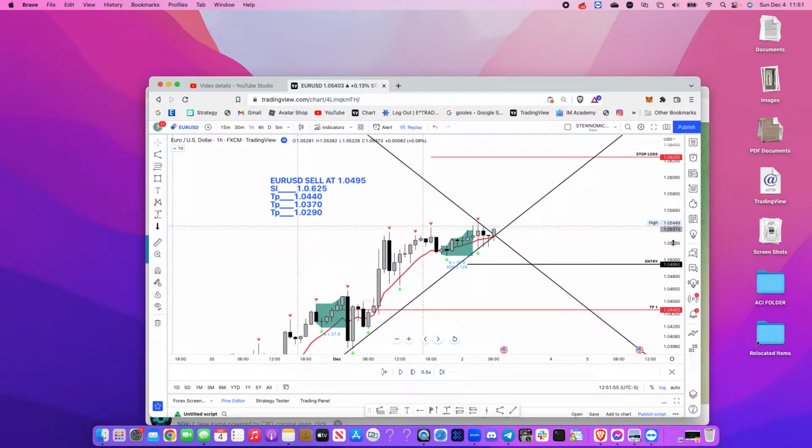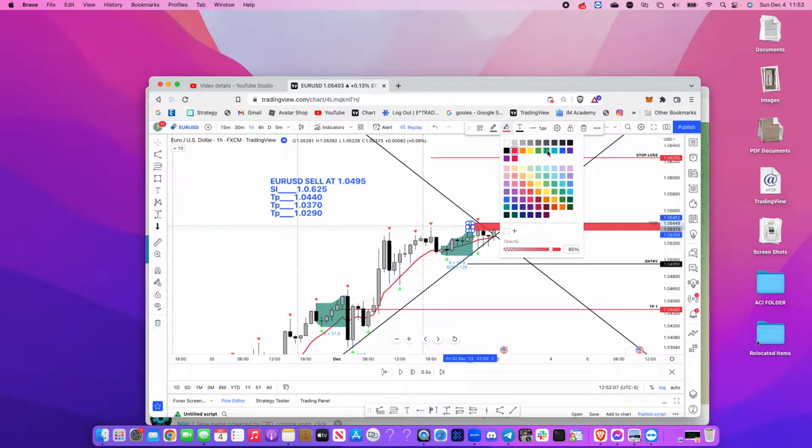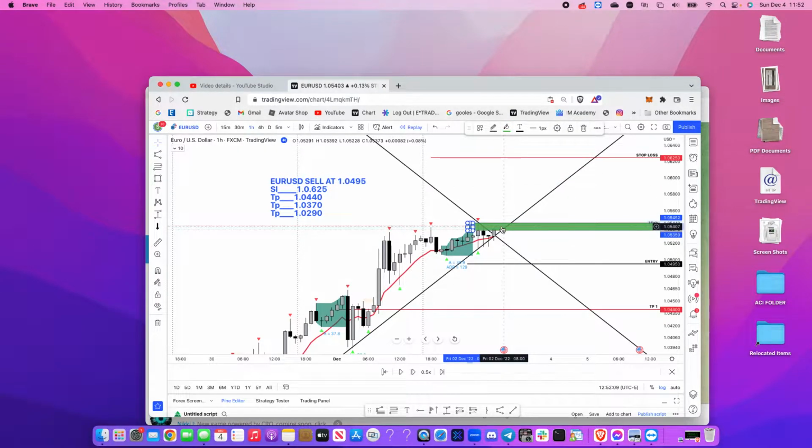Okay. Now I'm going to draw my zones. So let's say I'm going to make this my zone right here. That's where I'm looking. If it breaks out of there, I'm going to look for it to break, and then I'm going to start looking for some buys. Now, come down here. You see all this up here. So I'm coming up here to these last lower highs.